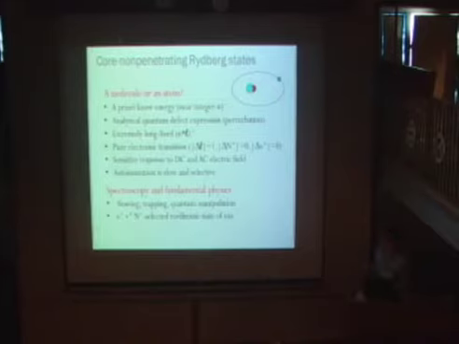So these core non-penetrating Rydberg molecules are not only of interest to the spectroscopist, but also very useful for fundamental physics study, such as slow trapping and quantum manipulation. We can use them to prepare selective low vibronic states of the ion.